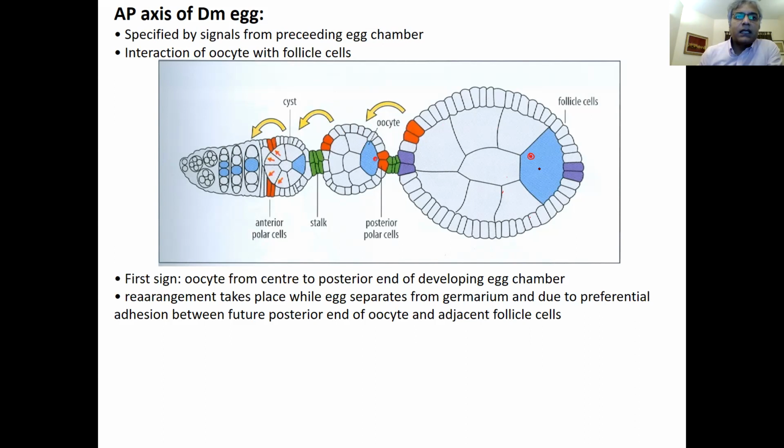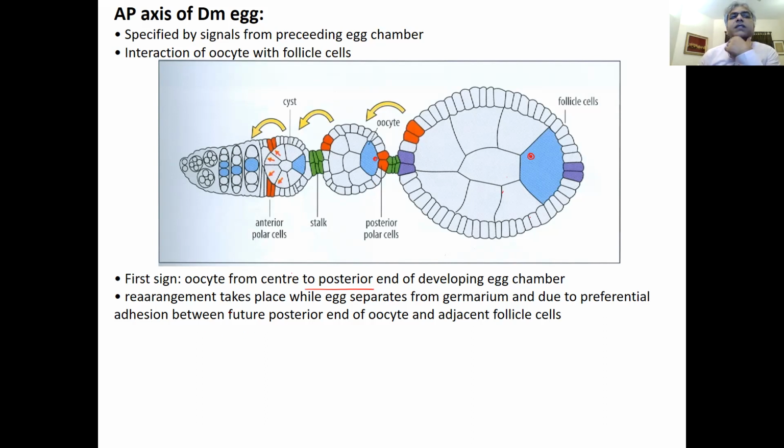First sign of the oocyte formation is actually that the nucleus moves from the center to the posterior in a developing egg chamber.